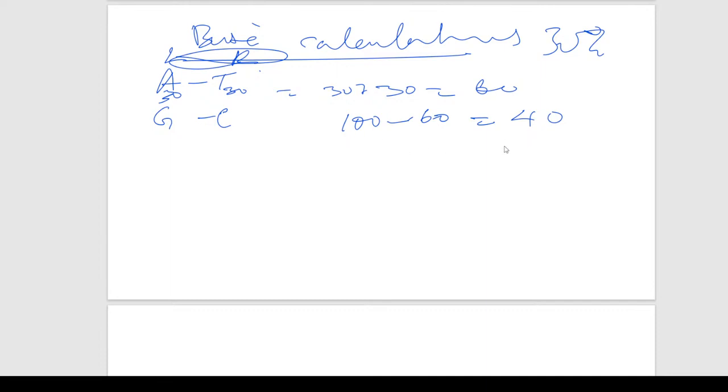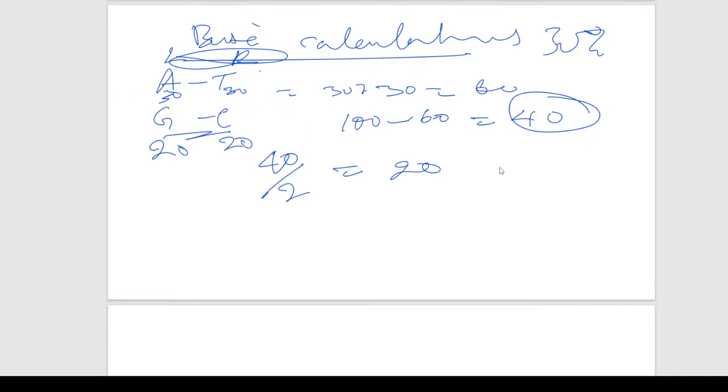It means that this 40% is for 2. So it is 40 divided by 2, which gives me 20. So it's going to be 20, 20, and then 30, 30. If I add them, it must give me 100%. 30 plus 30 is 60, plus 20 is 80, plus 20 is 100. So it means my answer is correct.